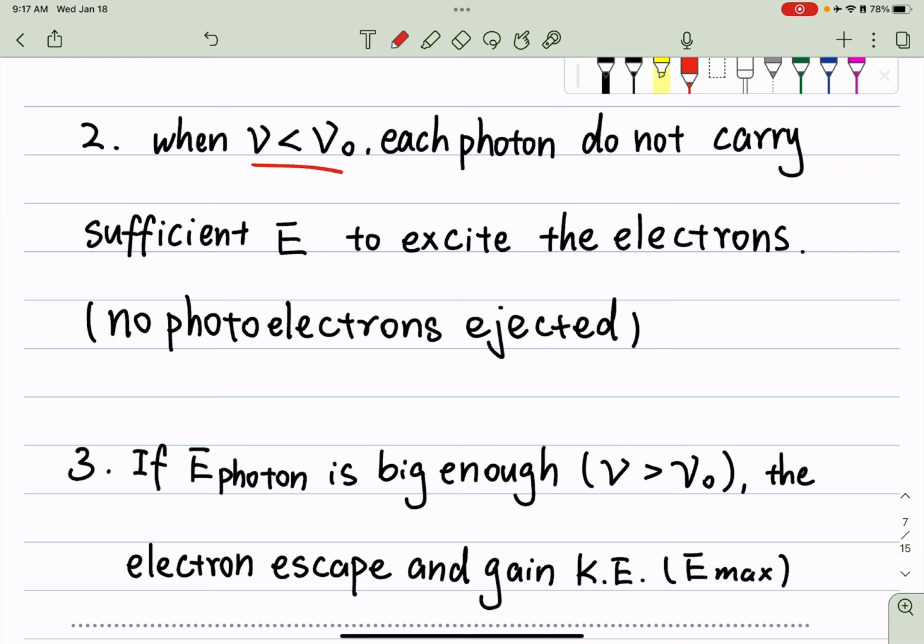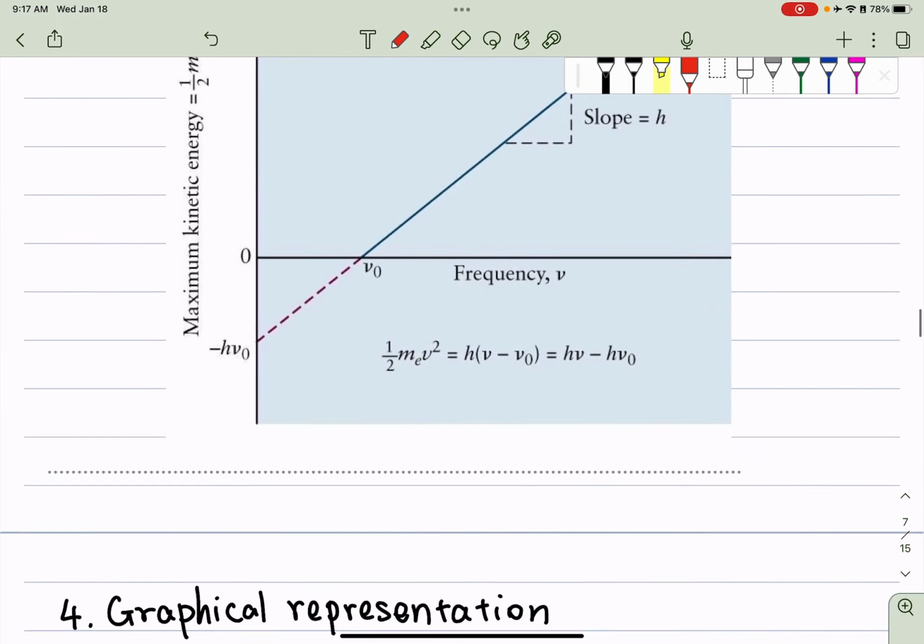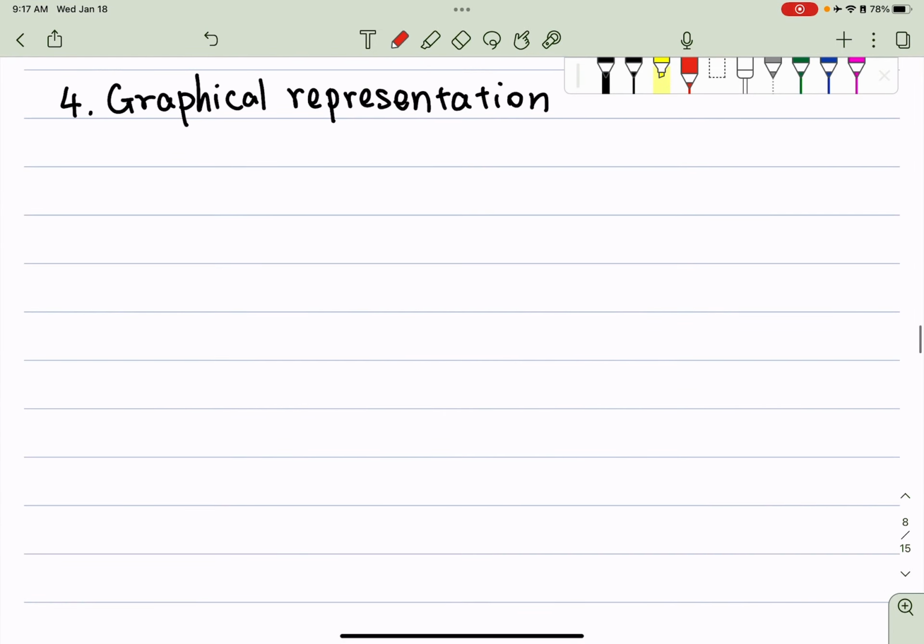So I'm going to show you a graphical representation, and let's come back to the actual graph and see if it makes sense. If I just draw an energy diagram, on the y-axis we have the energy.